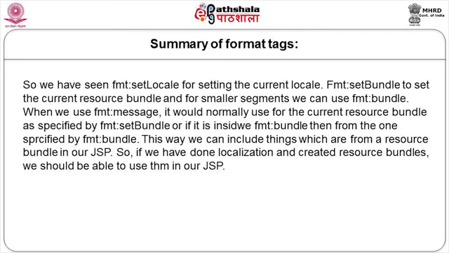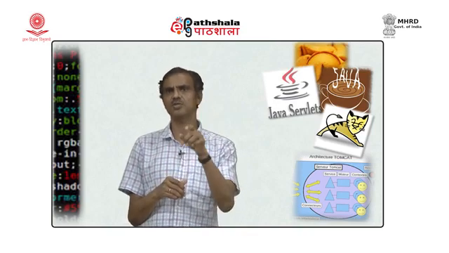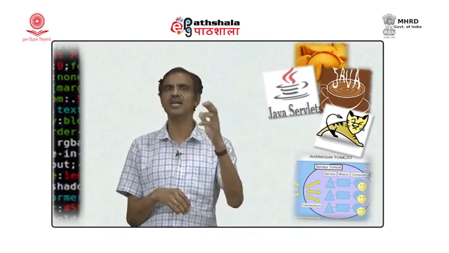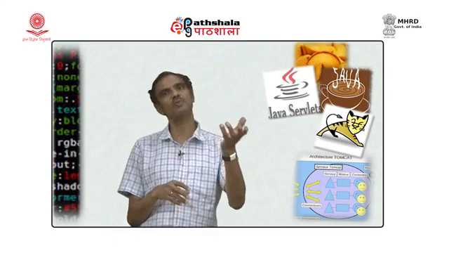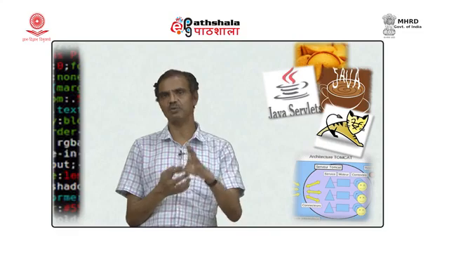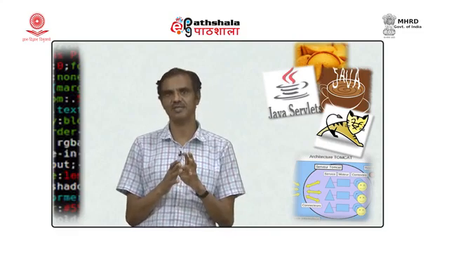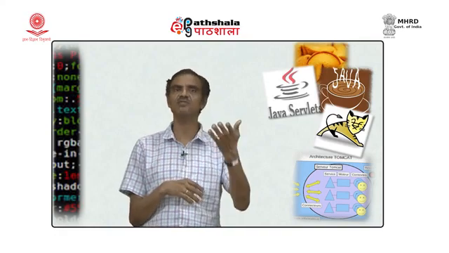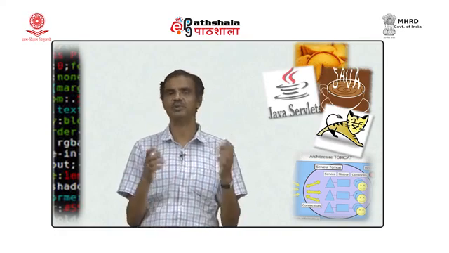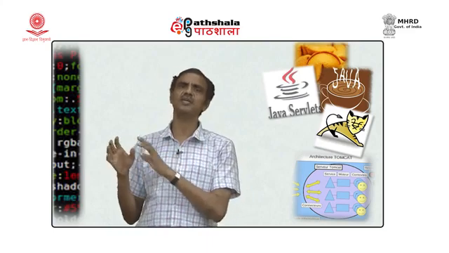When we say fmt:message, it is going to use the current resource bundle which got selected because of fmt:setBundle, or fmt:bundle, either of them. If it is inside fmt:bundle, that would take precedence. Otherwise, whatever is the setting of fmt:setBundle, that would be used. And that way we can include things which are from a resource bundle.